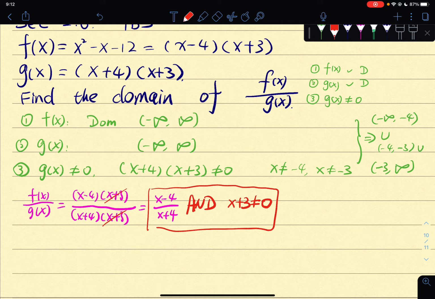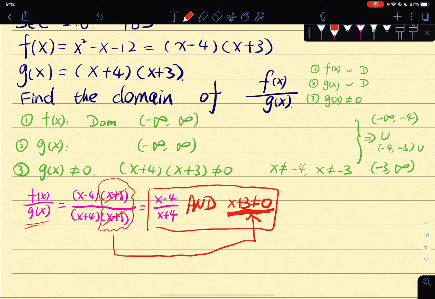So whenever you do something like this, you are openly admitting to the fact that I'm not canceling a 0. Therefore, x plus 3 is not supposed to be 0. So when you try to simplify f of x over g of x into x minus 4 over x plus 4, you are also admitting to the fact that I'm treating x plus 3 as not 0.